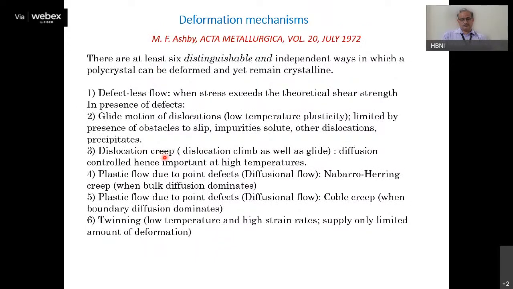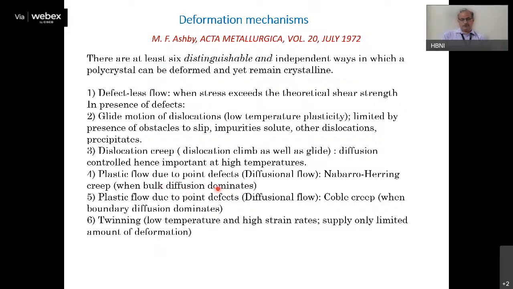This is important at high temperatures, where diffusion starts playing a role. And then, as I discussed, point defects also contribute to the plastic flow. There are two kinds of plastic flow depending on the point defects. One is called Nabarro-Herring creep, where the plastic flow because of point defects is through bulk diffusion.